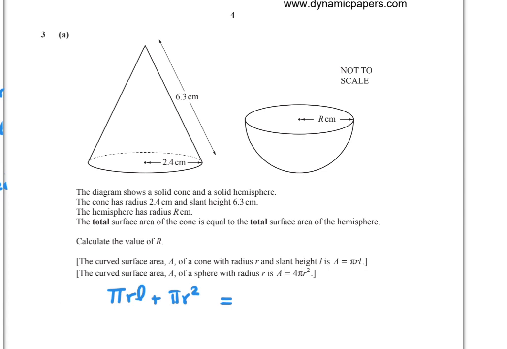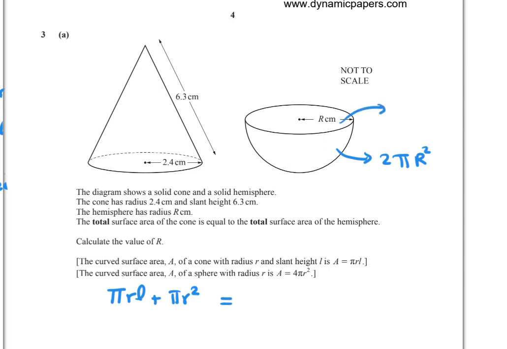For this hemisphere, we have a circle and the curved surface. For the circle, πR², and for the curved surface area, because it's half the surface area of the sphere, 4πR² halved, so the curved one is 2πR².